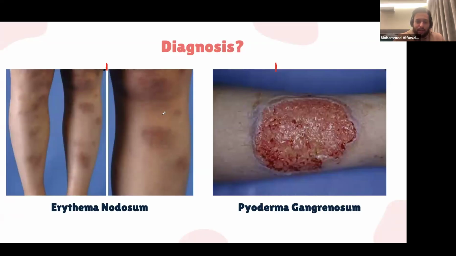This one, erythema nodosum, is associated with the disease activity. That's the only thing to remember about it: if there's increased activity of IBD, this will be worse. This is associated with it. This one doesn't have anything to do with it.